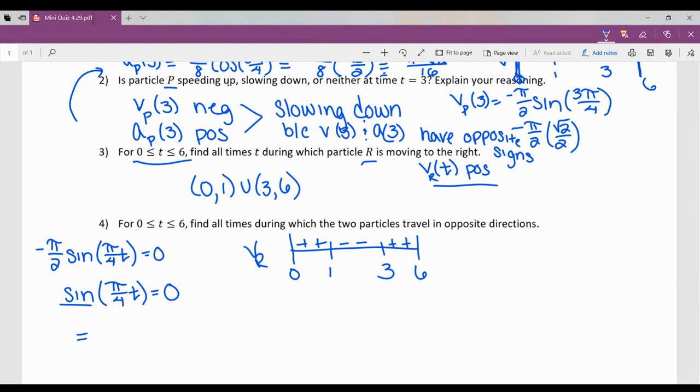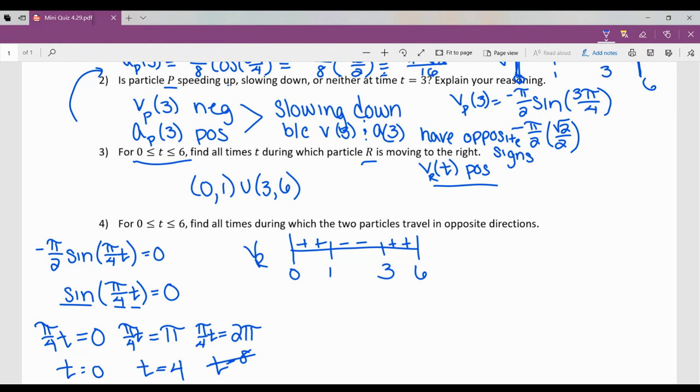It equals 0 at 0, pi, and 2 pi. And we set what's inside equal to those values. So pi over 4t equals each of them, and we solve. So we've got t equals 0. Multiply by 4 over pi, we get t equals 4. And multiply by 4 over pi again, t equals 8. But I don't really worry about that because that's outside of my window range.